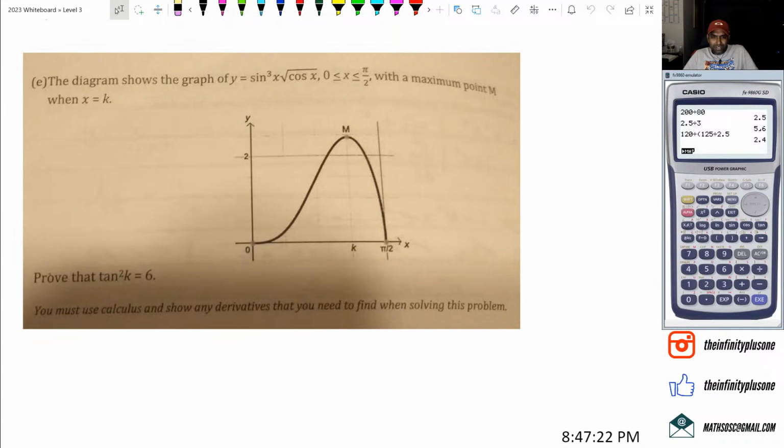Okay, so we've got a differentiator, but I'm trying to figure out what's the point of m, where with the maximum. Oh, so then you got to figure out tan squared k is equal to 6.